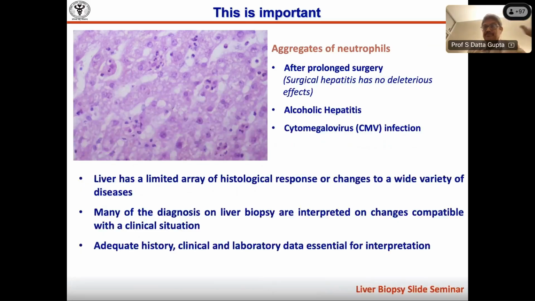With this, I end all the normals and basics for your identification of a liver biopsy. With this background in mind, we'll see the cases, one or two today, and the rest later because it's taking time.